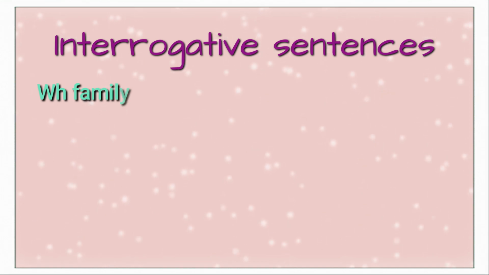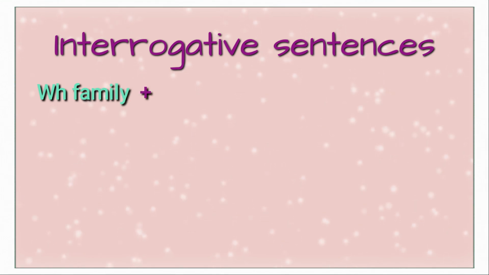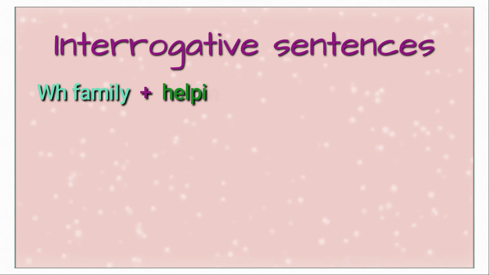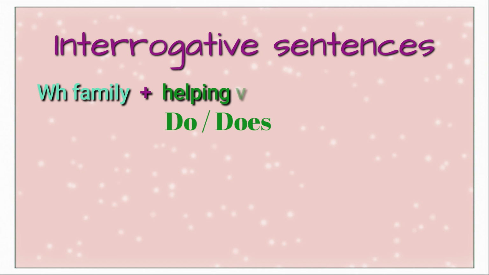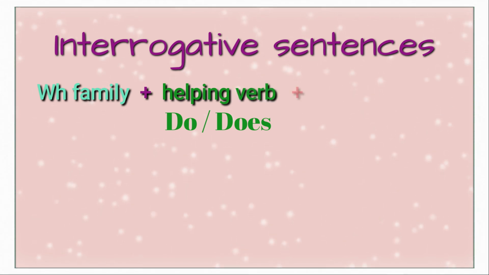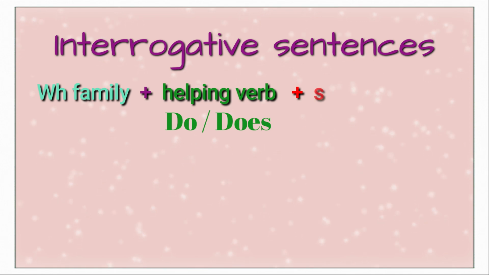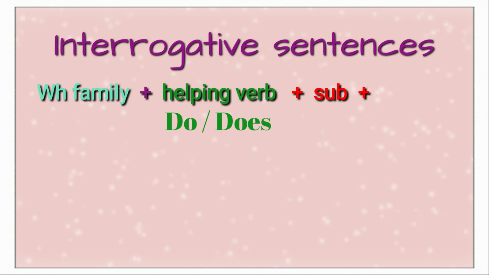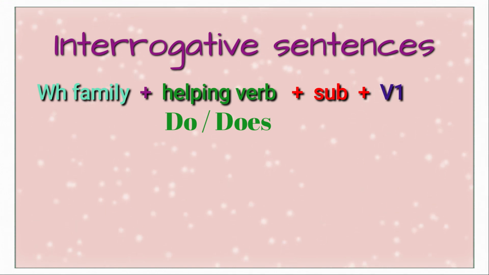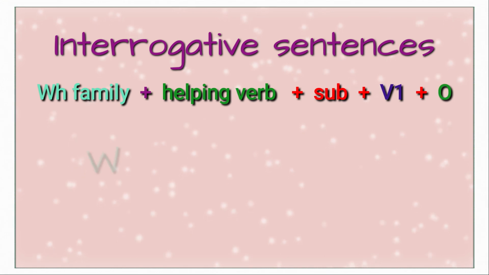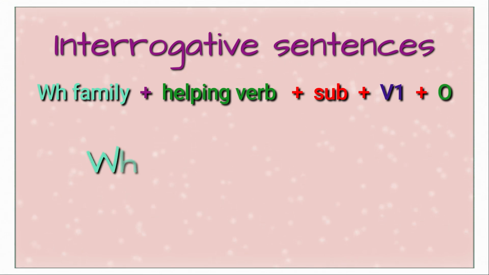Here, first we'll use a WH family word, then a helping verb like do or does. This again depends on the subject. Then subject plus first form of verb and object. For example, where do you go?